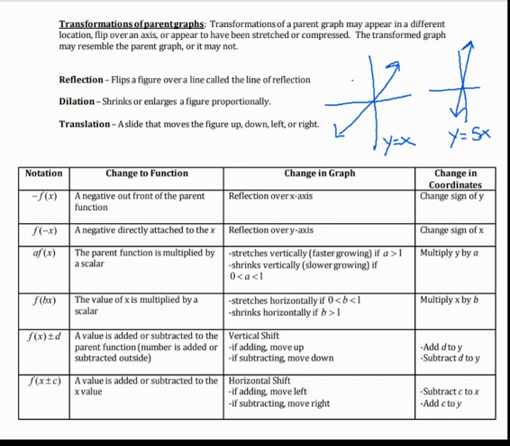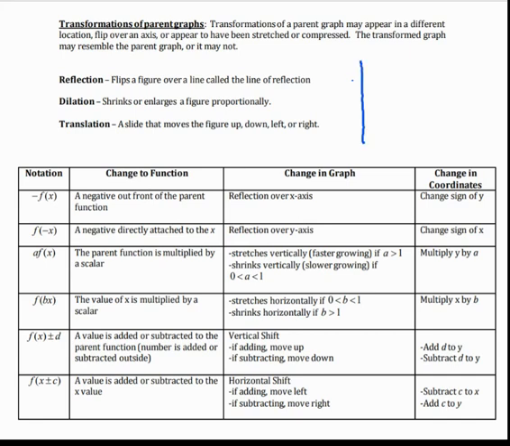If I add or subtract to the outside of a function, so for example, if I take a parabola, which is in the form of y equals x squared, and I decide to add, and I say, y equals x squared plus 4.